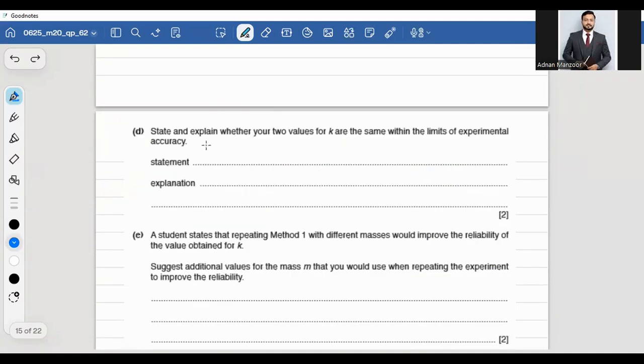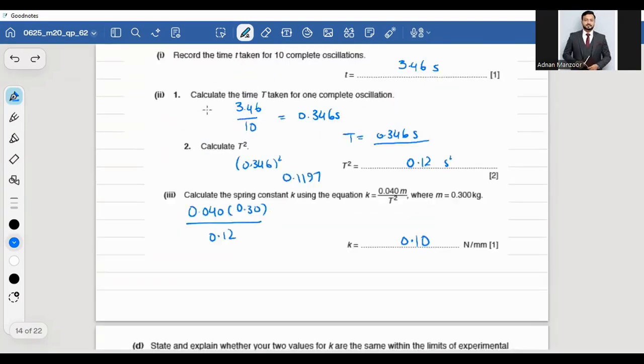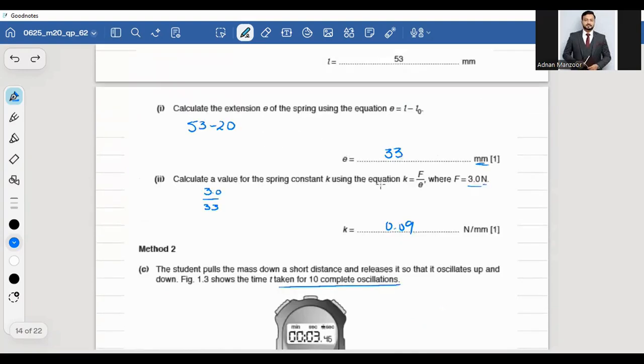The two values for k are the same within the limits of experimental accuracy. So where are my two values? The first value was 3 divided by 33, 0.0909, or you can say 0.091.